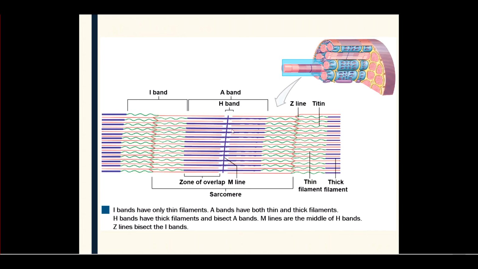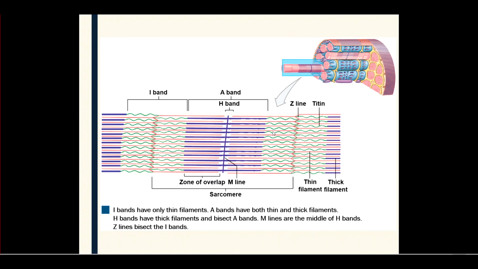When a muscle fiber contracts, guys, this is what's going to happen. The myosin heads on the thick filament are going to attach to the thin filament. And then they pivot, they swivel, and they pull the actin towards the middle of the sarcomere. And what that does is that pulls this Z line in, and then this Z line in this way, and the whole sarcomere shortens.